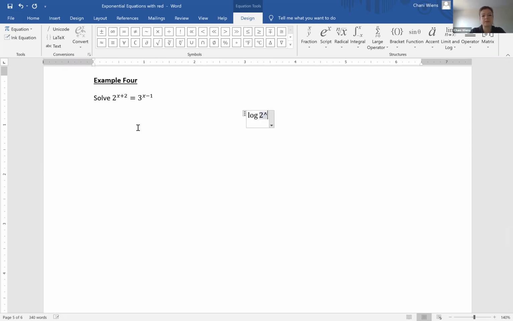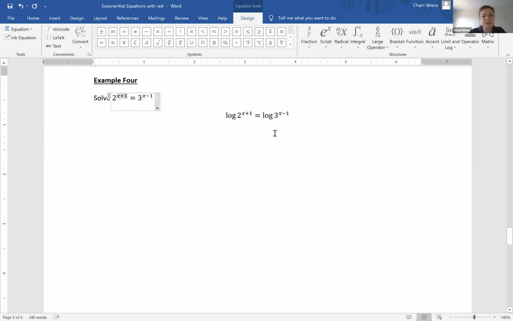So the log of 2 to the power x plus 1 is equal to the log of 3 to the power x minus 1. Okay, so yeah, by the way, if your example said x plus 2 here, this should actually be x plus 1.